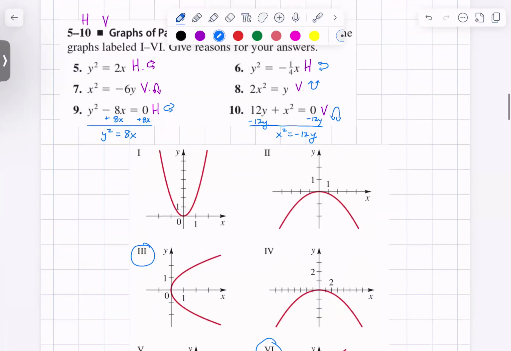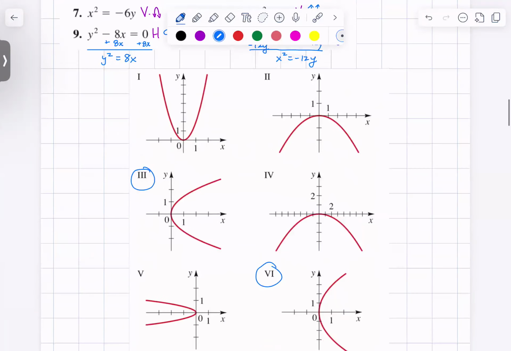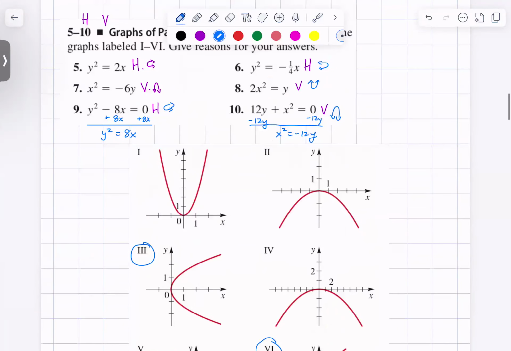Well, between 5 and 9, what is your p-value here? 4p equals 2, right? So this is for number 5. 4p equals 2, so p equals 1/2.